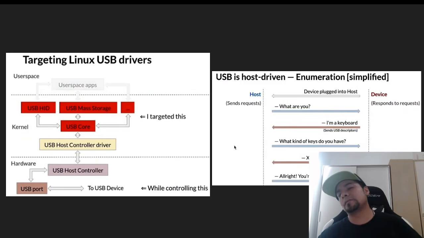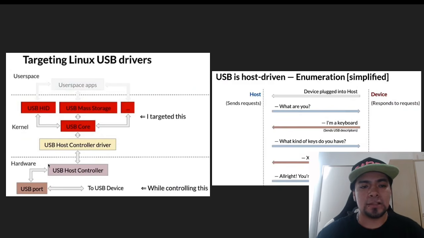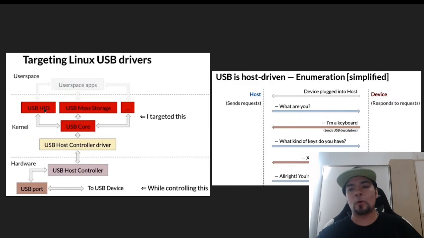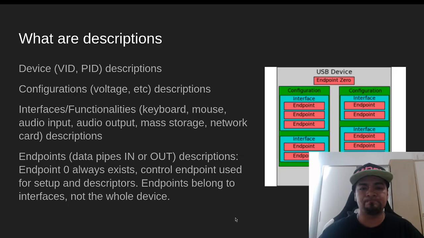And after that, the USB core configures it and chooses the specific USB driver. For example, in this case, HID. This will be for the keyboard. This driver is enabled, and if you connect a pen drive, the USB driver of the mass storage is enabled. This is in layer 3 that communicates with the user space, right? And after that, the device can communicate, as you can see.